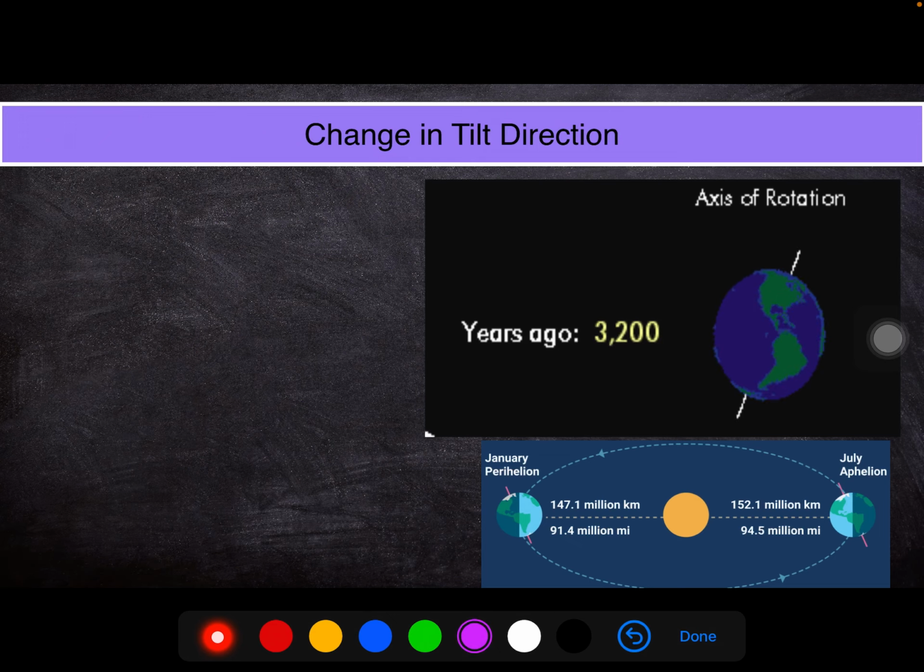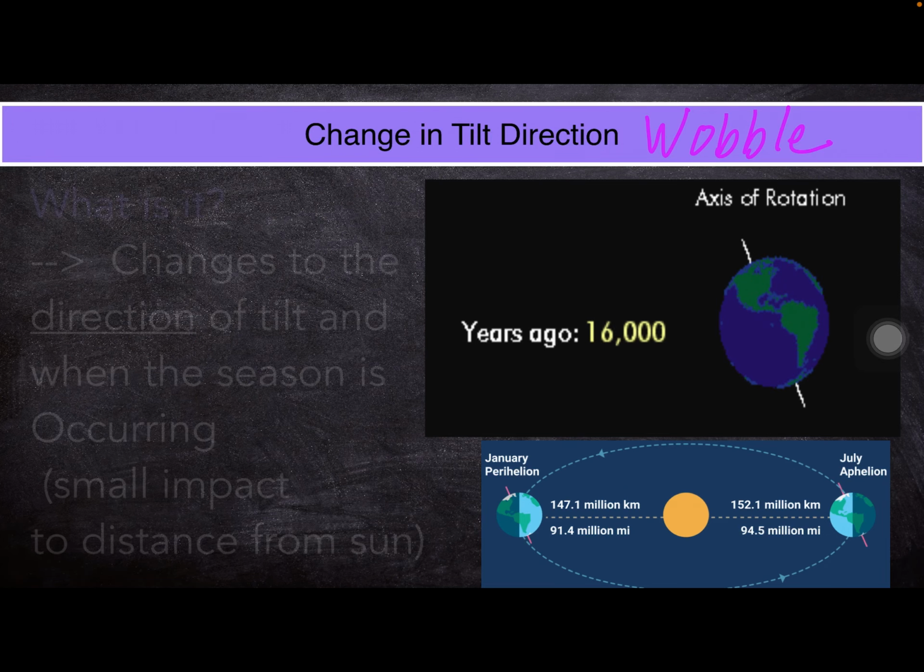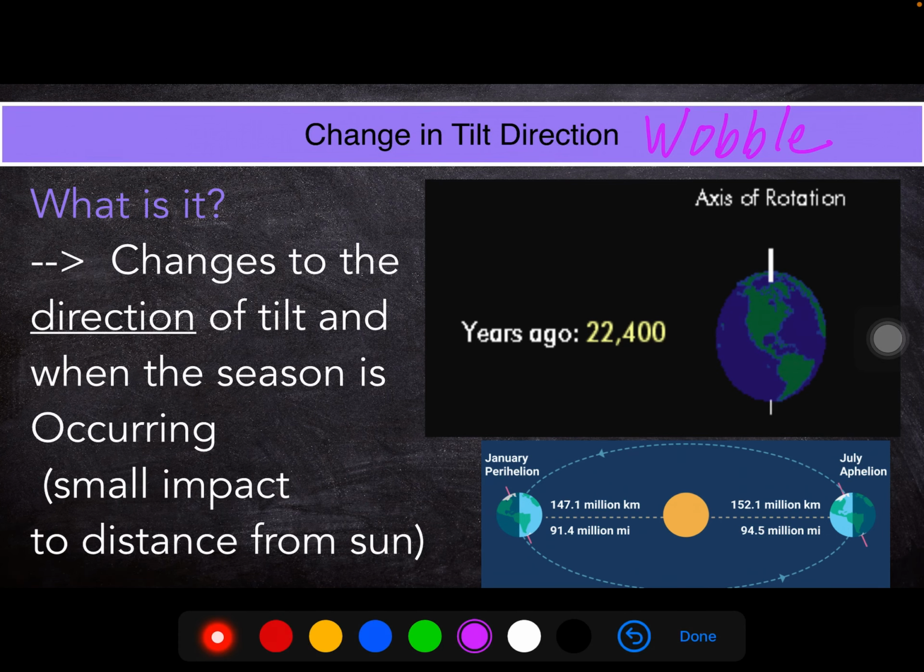Finally, the last one, like we said, was called wobble. Okay, now we're looking at a change in tilt direction. And this one doesn't so much have an extreme or less extreme, but it's just a varied time of when the season would occur. So currently in our January months, that's when we're tilted away from the sun, so we, of course, have winter.